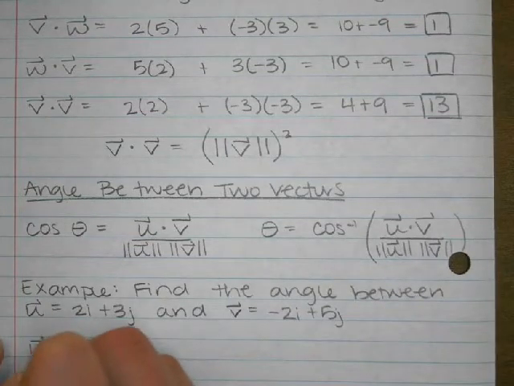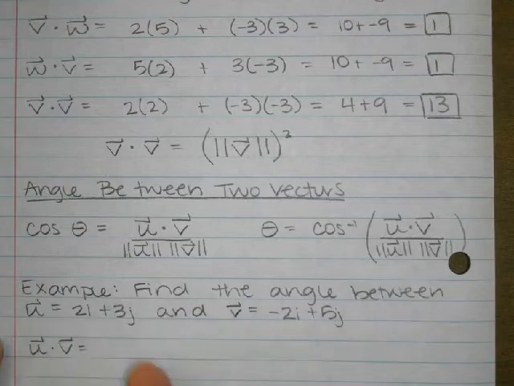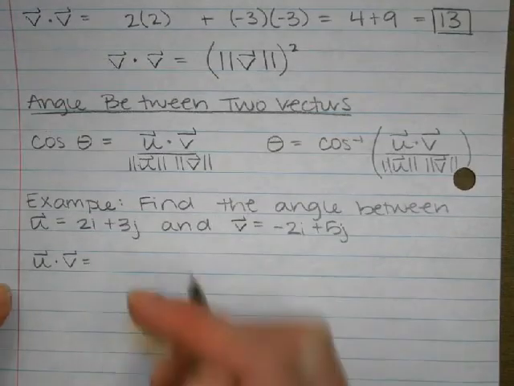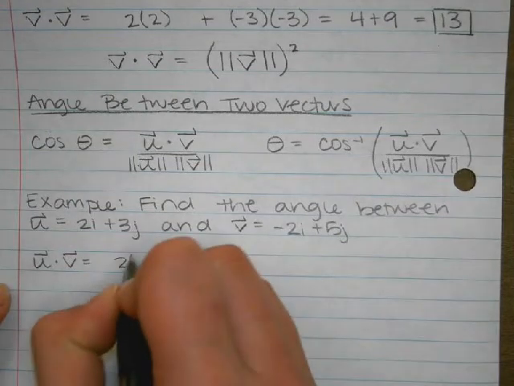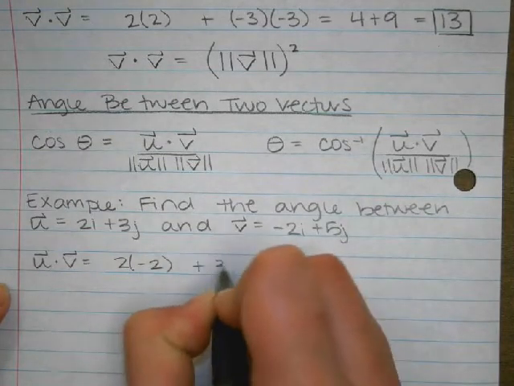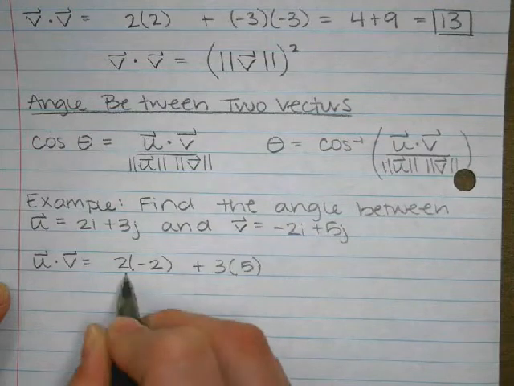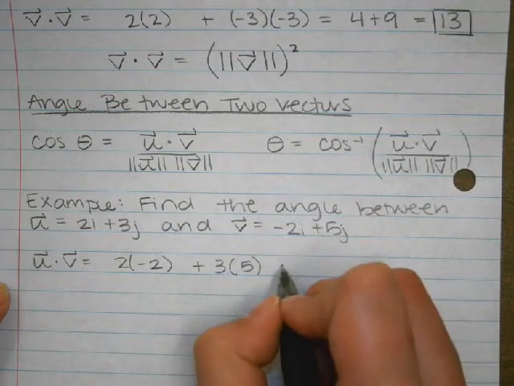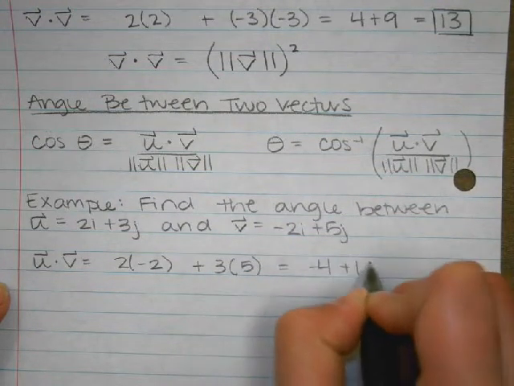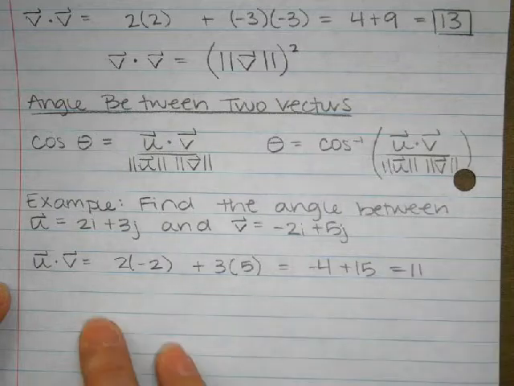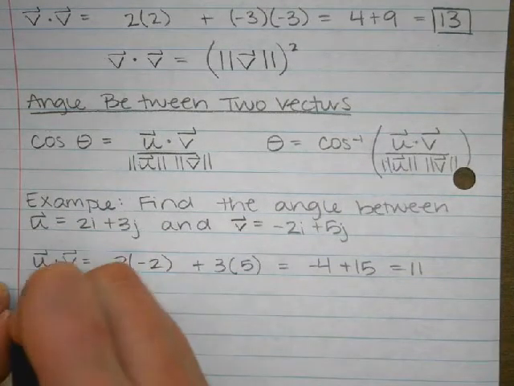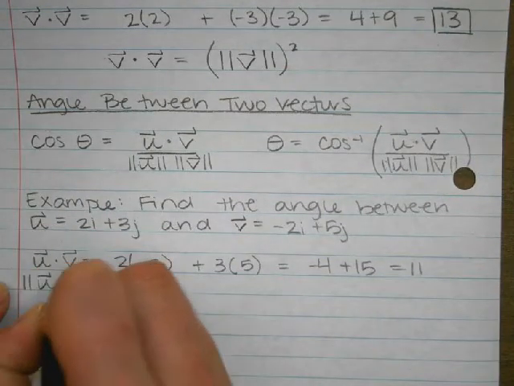So u dot v is one of the things we have to find. And u dot v is 2 times negative 2 plus 3 times 5. So that's negative 4 plus 15, which is 11.